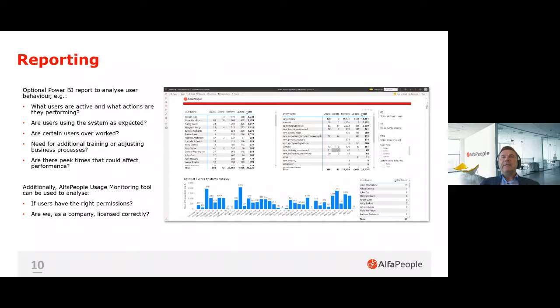And you might see that some users are more active than others and could potentially be overworked. And other users be underworked. So maybe there's a chance here to split and even out the load on users by using this tool to analyze how your data load is across the system.